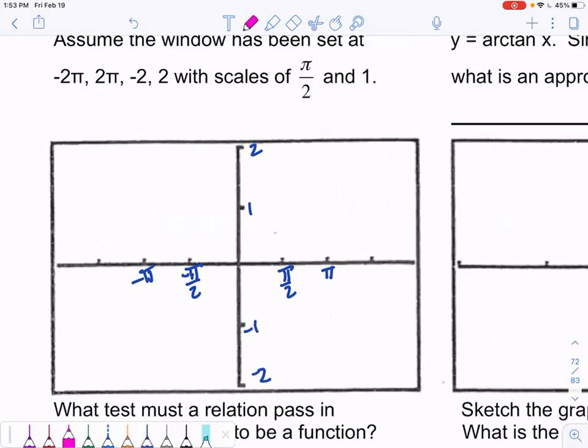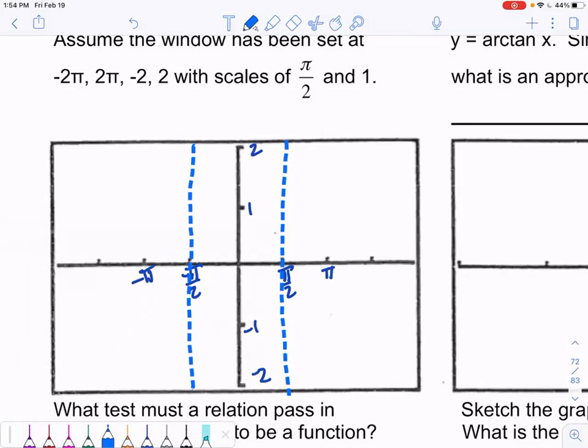Tangent is an increasing function with asymptotes. The asymptotes for tangent are at negative pi over 2. Use my fancy new button here. There we go. Negative pi over 2 and positive pi over 2. That's where our asymptotes are located.